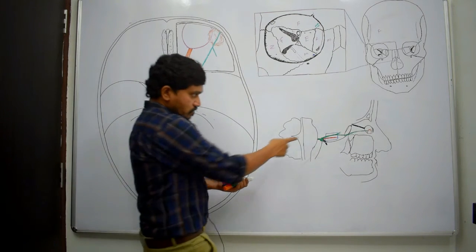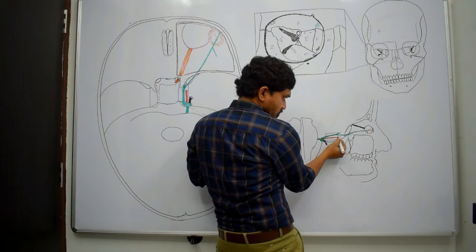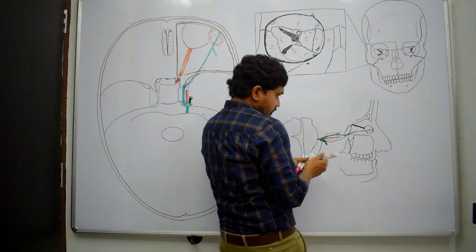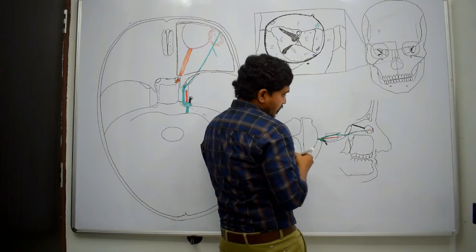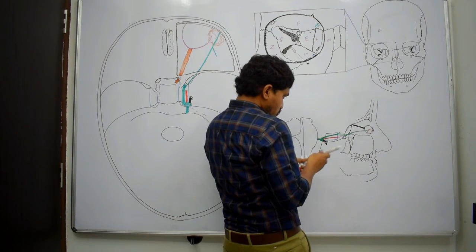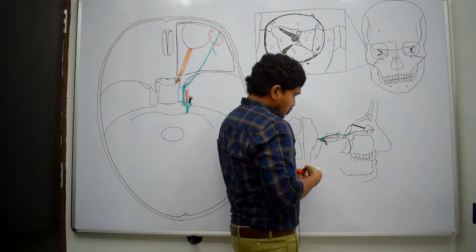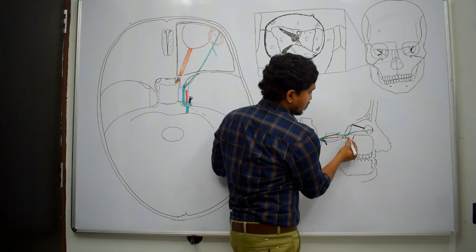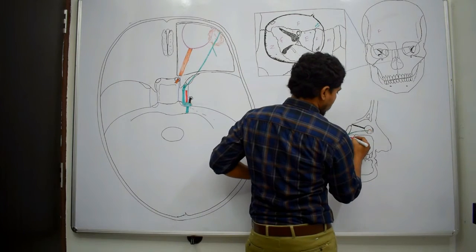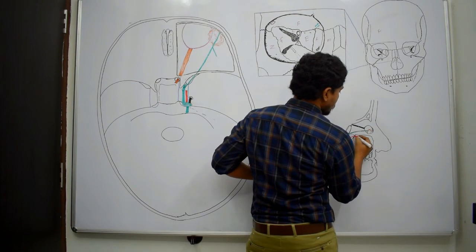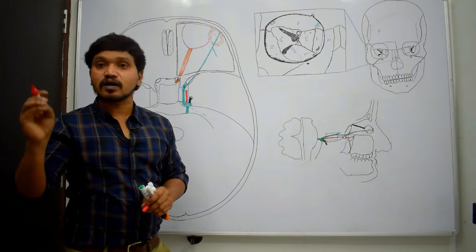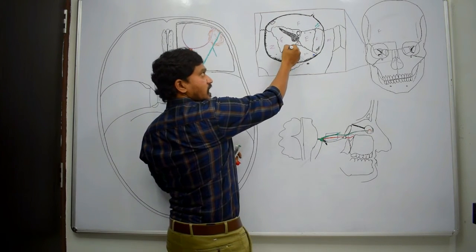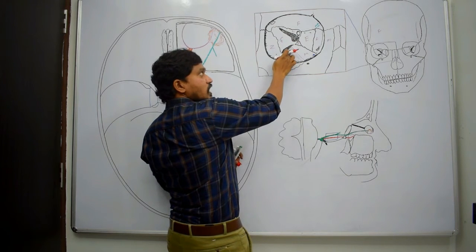Right? Now the maxillary nerve passes through the foramen rotundum. Here one foramen will be there. That foramen we call the foramen rotundum. Through this foramen it enters the pterygopalatine fossa. This is the maxillary nerve. This maxillary nerve continues as the infraorbital nerve. It is coming out from here and it passes through the infraorbital groove.